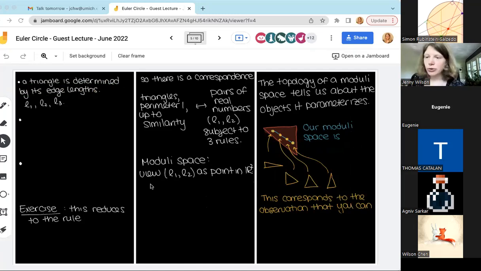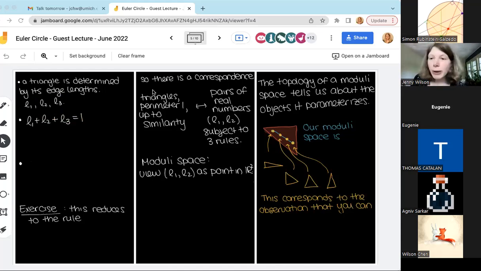So in order to specify a triangle, we really just need these 3 numbers, the lengths L1, L2, and L3. And additionally, we've imposed this condition that the sum of the 3 edges is 1, the perimeter is 1.